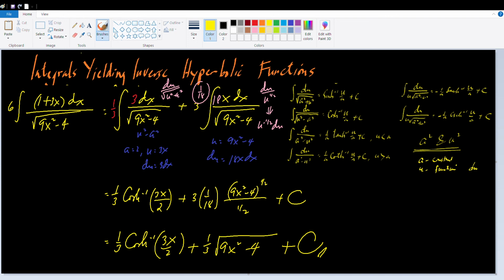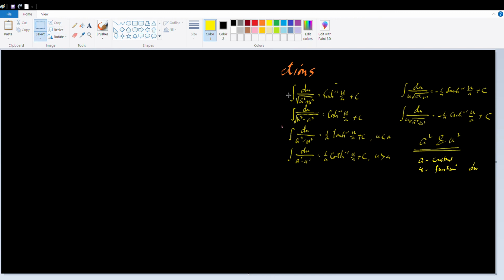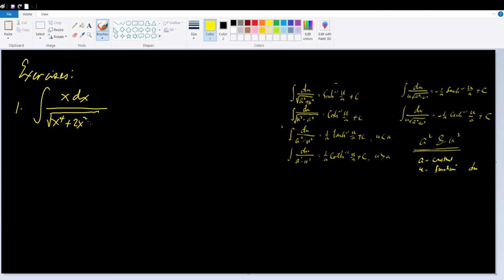So, let us have some exercises. You work on the following. Number 1: the integral of x dx all over the square root of x to the 4th plus 2x squared plus 2.